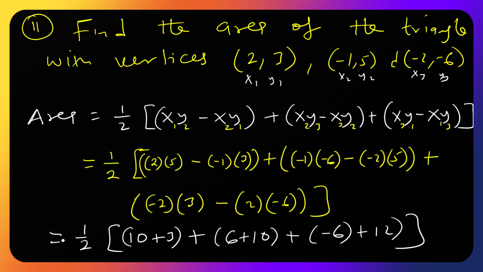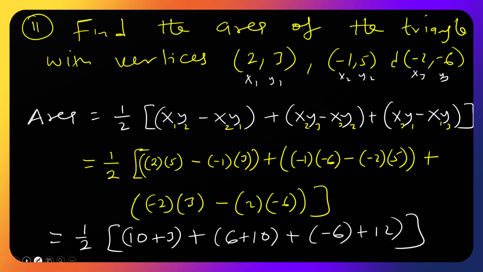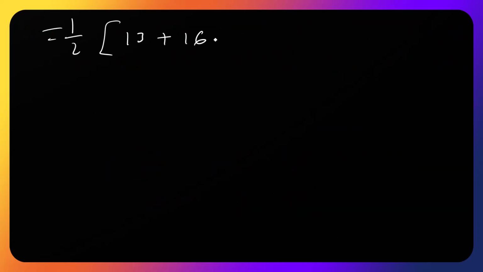Okay, so we have half of 13 plus 16, and minus 6 plus 12, that will be 6. So 29 plus 6 will be 35.